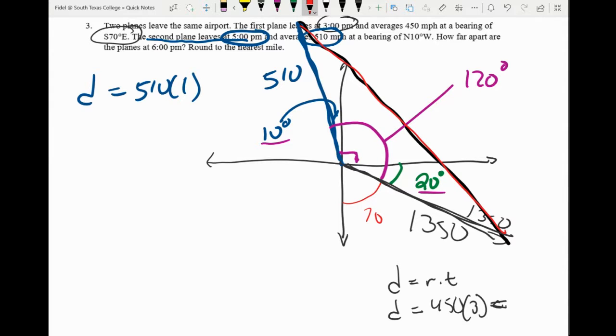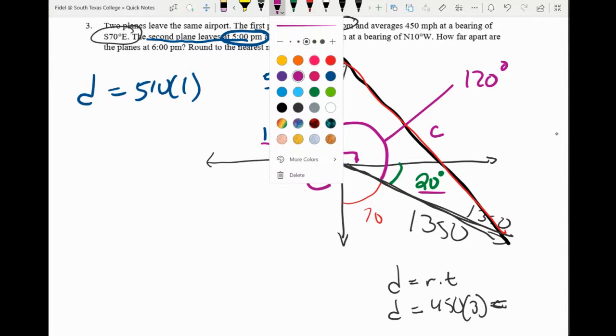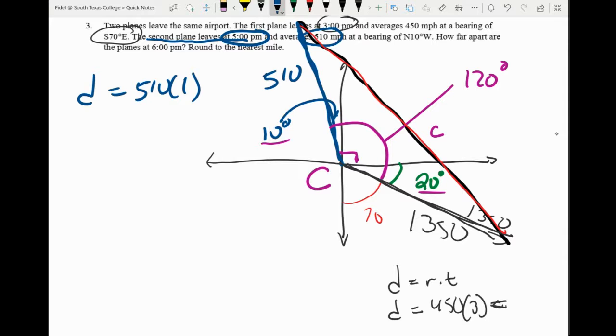I'm going to call this big purple angle C. We're trying to find little c. I'm going to say that this blue one is little a, and this black one here is little b.